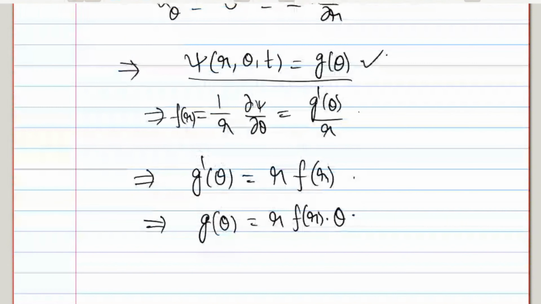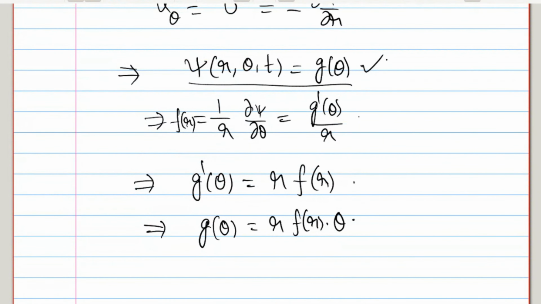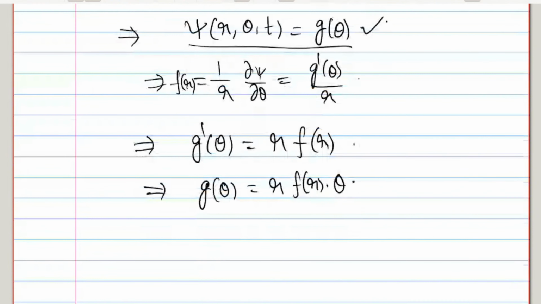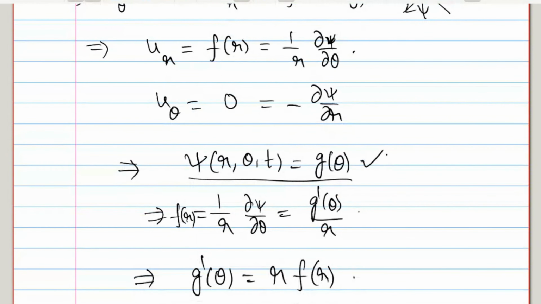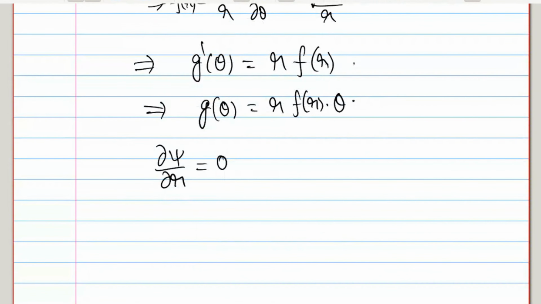Is it satisfying dou psi by dou r equal to 0? We also need to satisfy dou psi by dou r, that is u theta, right? The u theta component is 0. This one, dou psi by dou r equal to 0, since dou psi by dou r equal to 0.